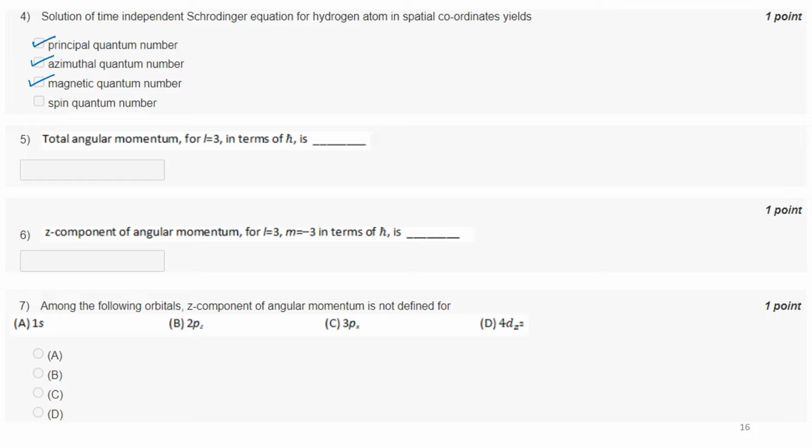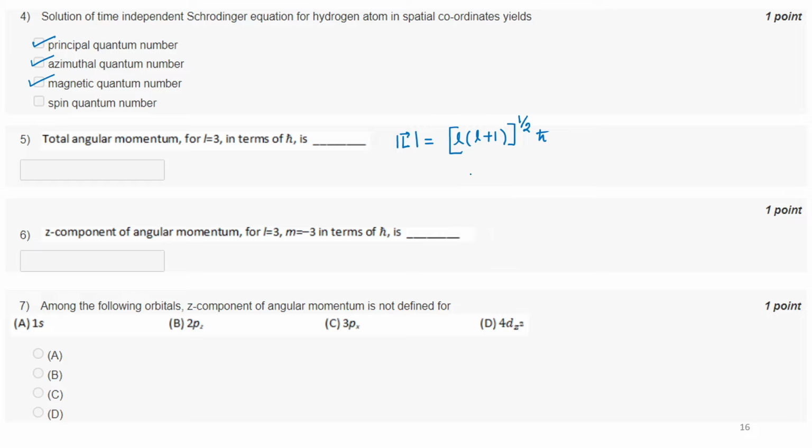Okay, now question number 5, the total angular momentum for L equals 3. So the magnitude of the total angular momentum is, when you operate on the spherical harmonic or the total wave function, you are going to get the eigenvalue as L into L plus 1 to the power half, or the square root of that, multiplied by h cut.